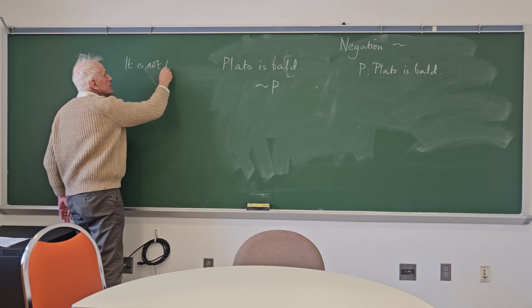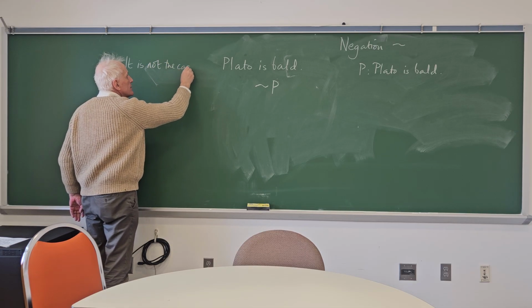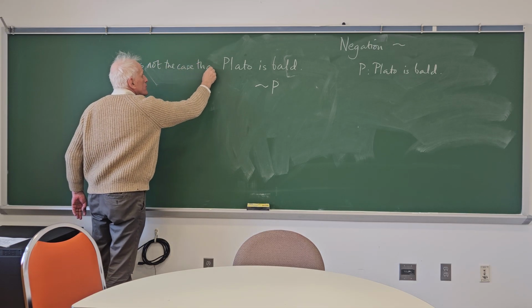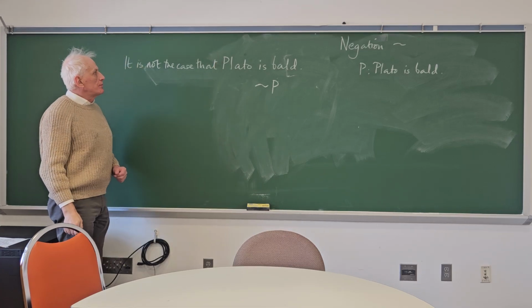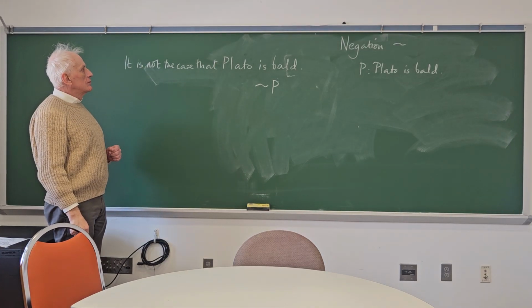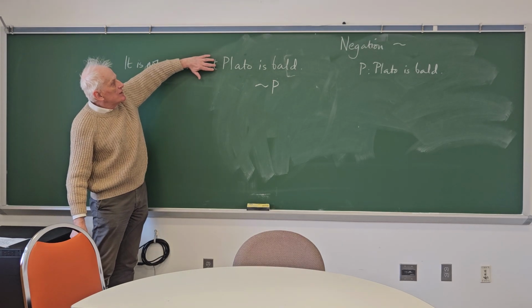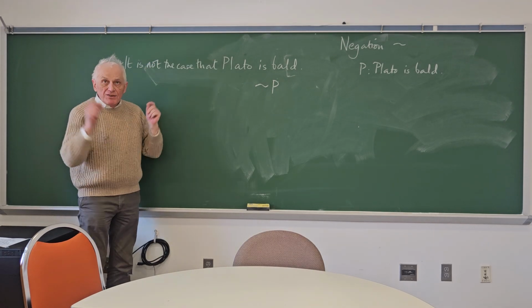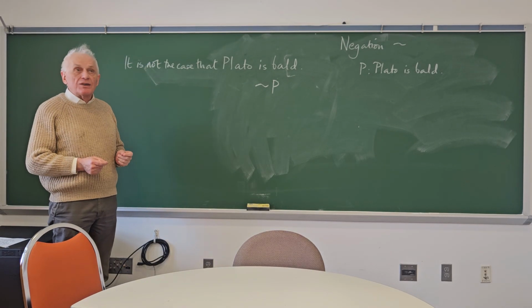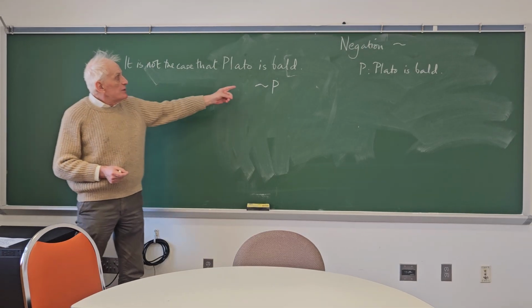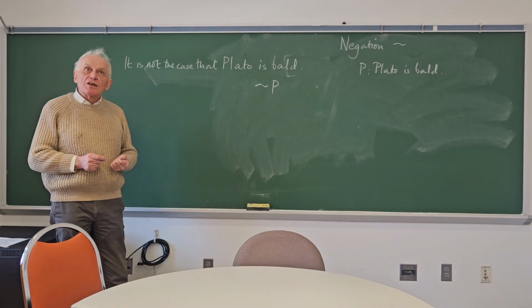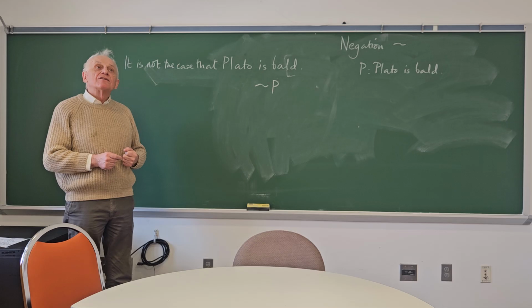It is not the case that Plato is bald. So without the it is not the case, we have an atomic sentence, Plato is bald. When we stick it's not the case in front of it, as we do in the formal language of sentential logic, we get a negation.